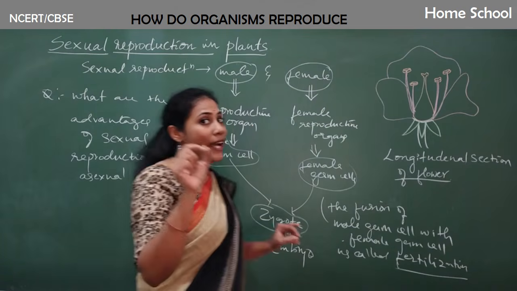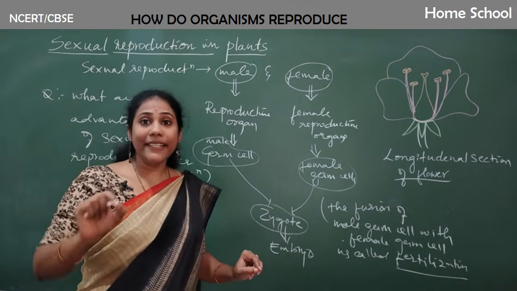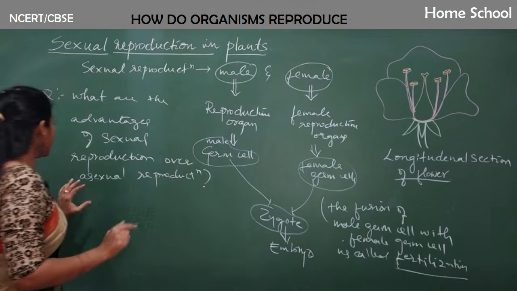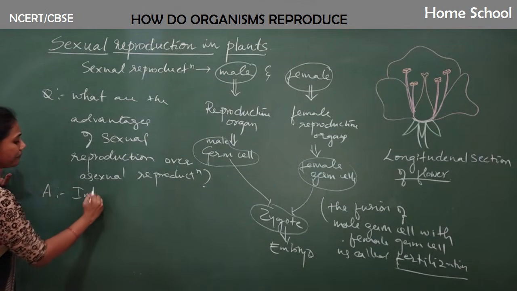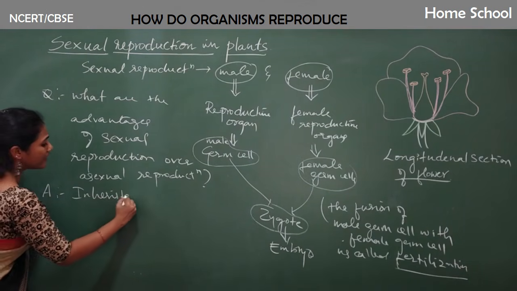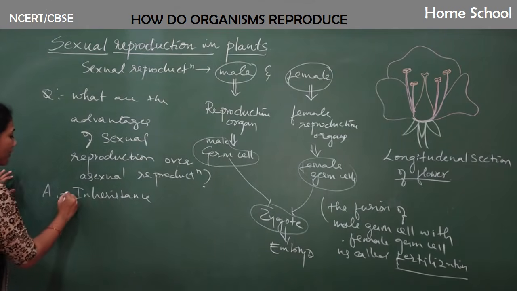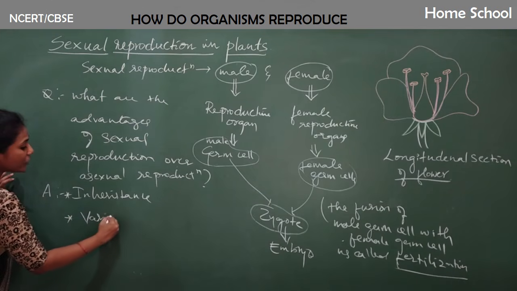You have completely understood the words inheritance and variation in my first video, right? So the answer you will write here is inheritance, that means the transmission of characters is possible in sexual reproduction, as well as variation.